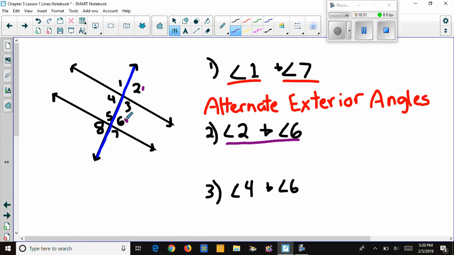In this example, 2 and 6, we have 2 as an exterior angle and 6 as an interior angle. And notice that they are on the same side of the transversal. These two angles are in the same position on their respective lines, so we call these corresponding angles.